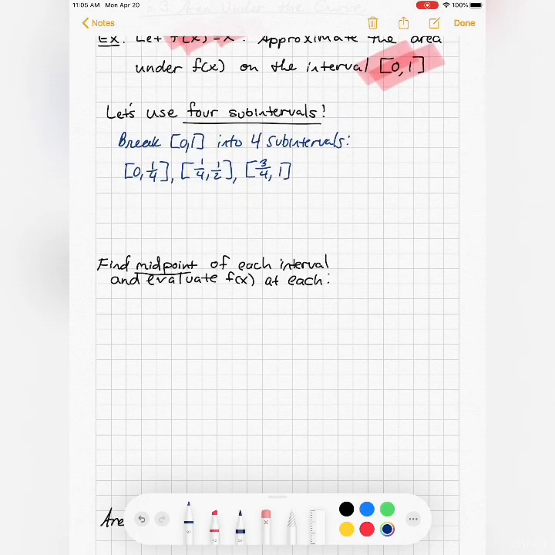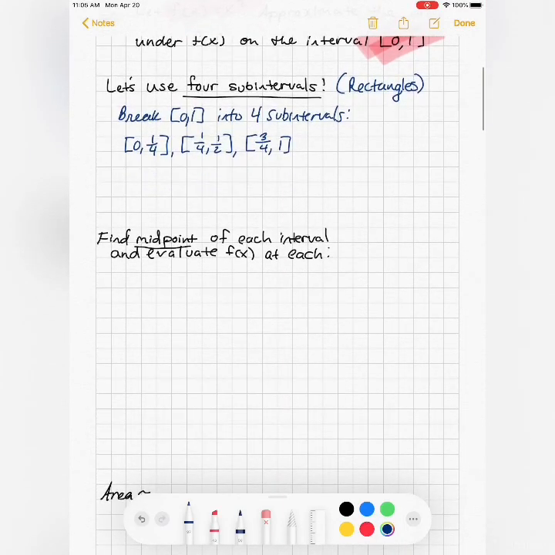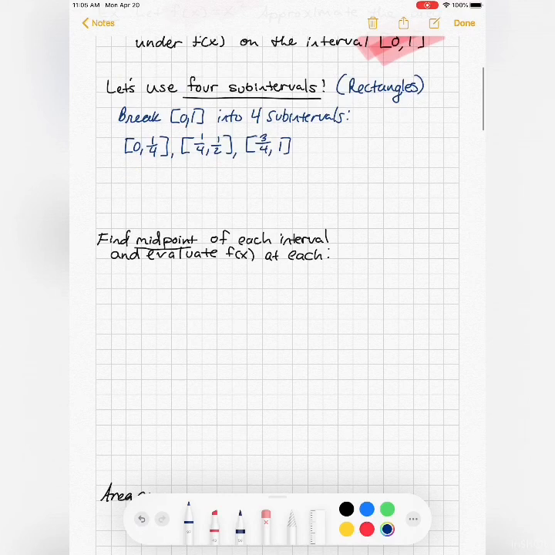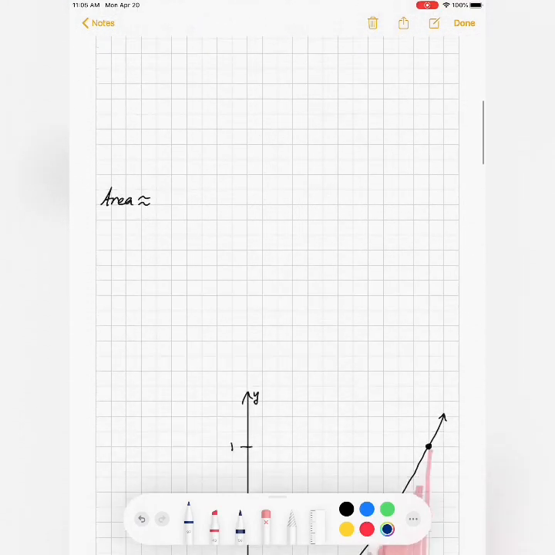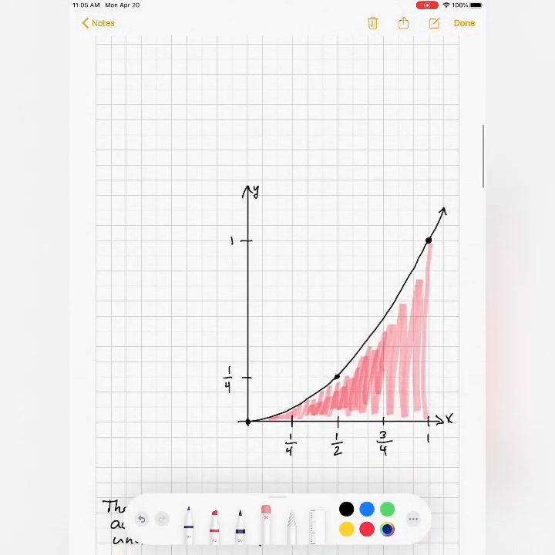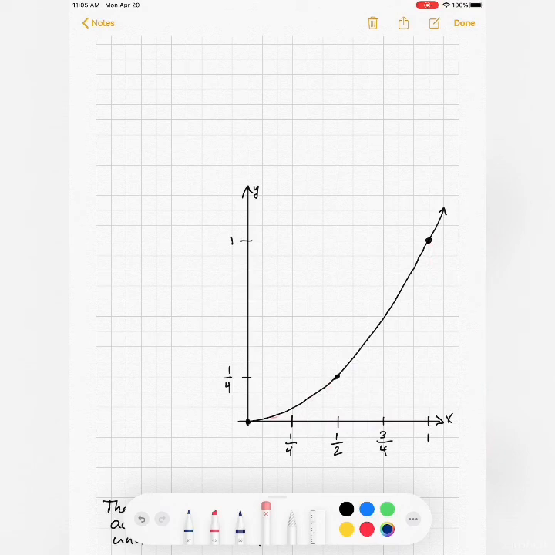So what I'm going to do is draw 4 rectangles corresponding with these 4 sub-intervals. Let's look back at the picture here. So here are my sub-intervals.